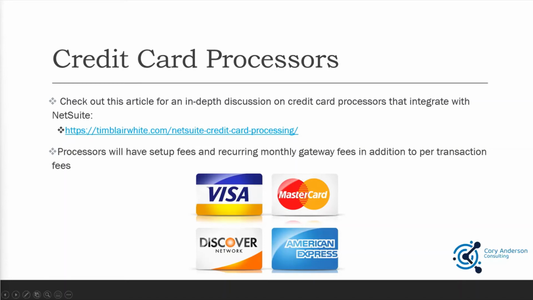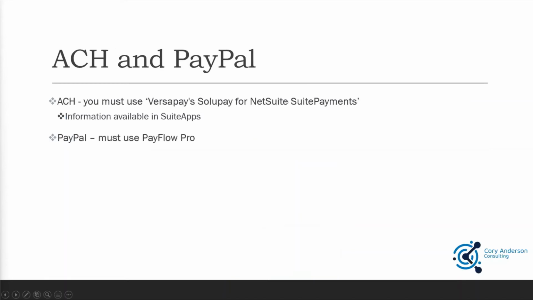All right. So the next thing is ACH and PayPal. For ACH, there's only one company that is certified to do the payment link, which is VersaPay. So you must use VersaPay's SoluPay for NetSuite Suite Payments Suite app.